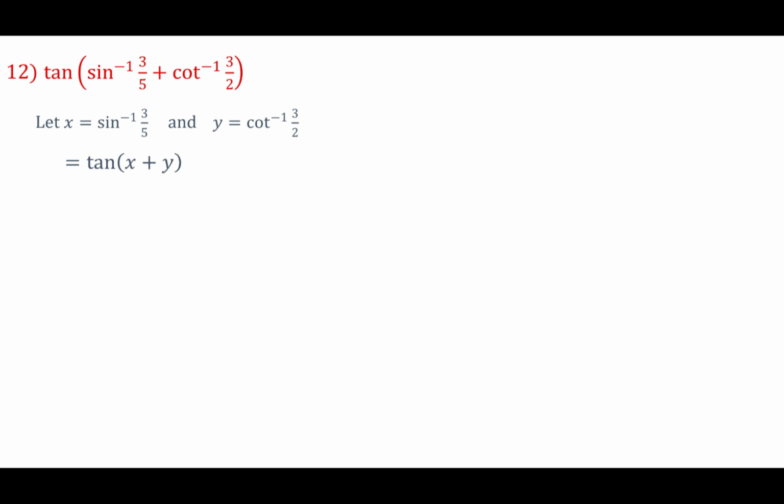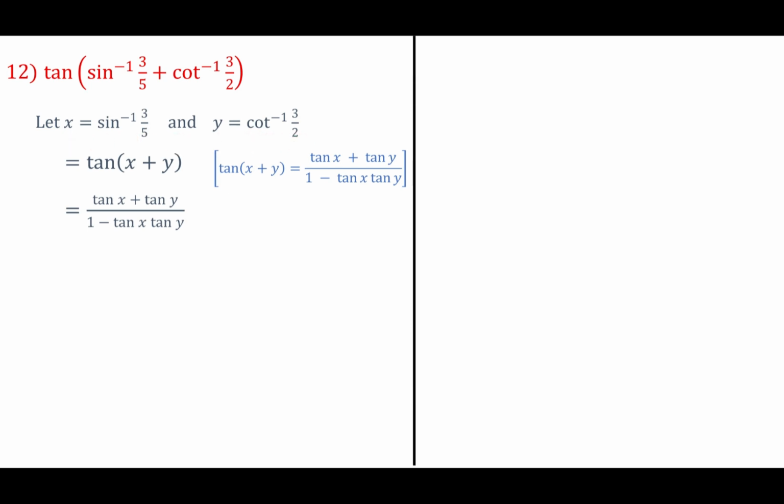And we know tan of x plus y is tan of a plus b, tan a plus tan b over 1 minus tan a tan b. So it will be tan x plus tan y over 1 minus tan x tan y. Now we have to get the values of tan x and tan y. From where? From these equations I will get it.